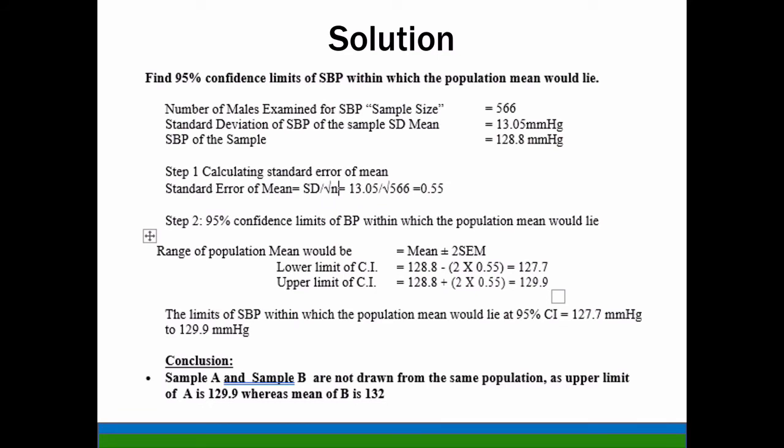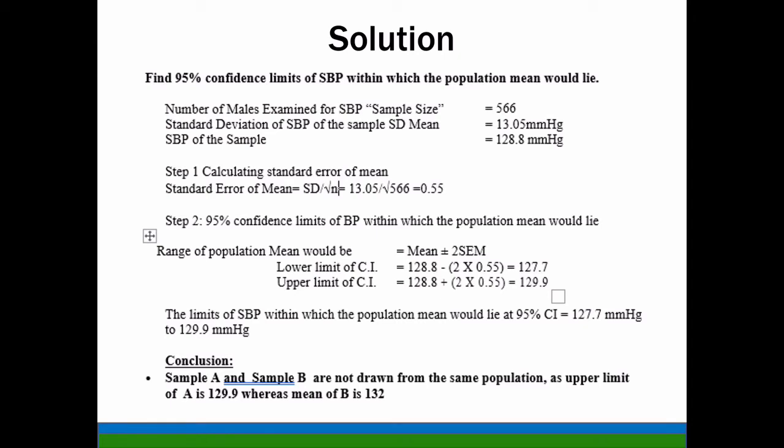So now let us answer this question. First is finding the 95% confidence limits of systolic blood pressure within which the population mean would lie. The number of males examined for systolic blood pressure, the sample size, is 566. The standard deviation of systolic blood pressure of the sample is 13.05.